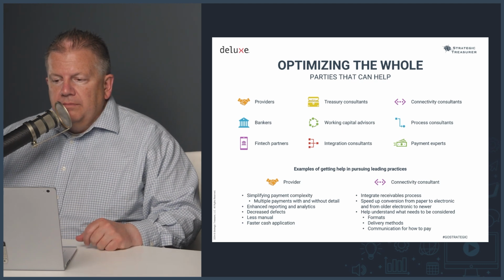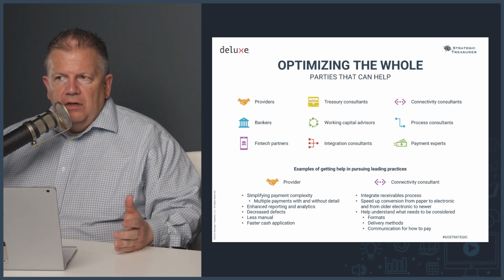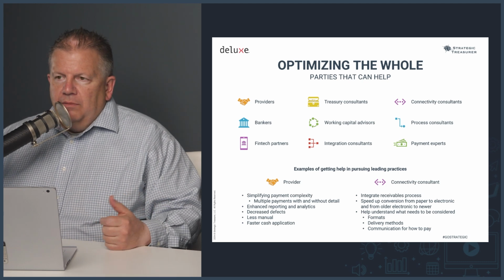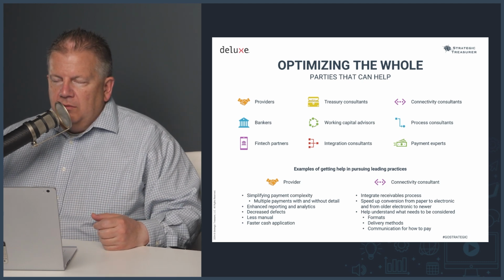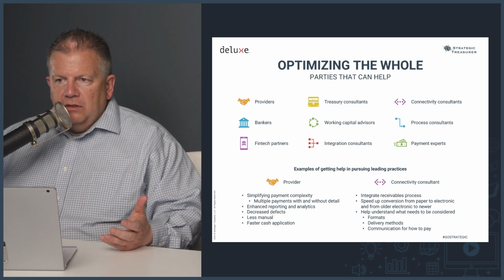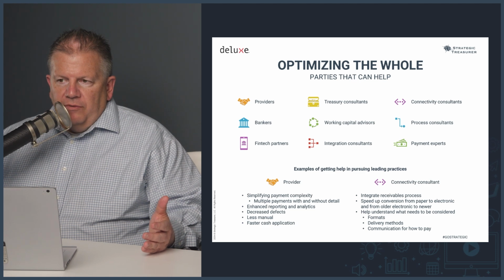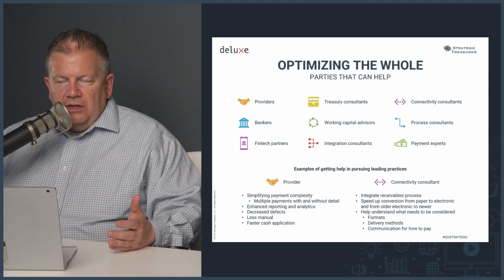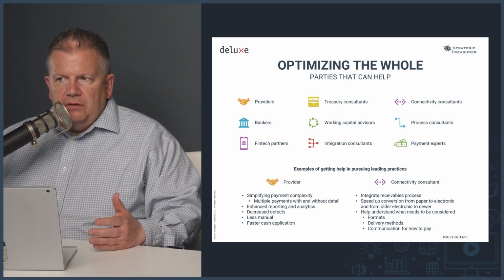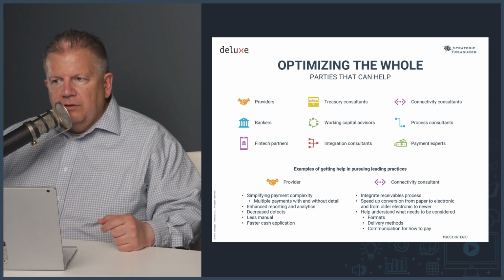Yeah, those are good. There's so much in here that we could spend a lot of time on, all the parties, and I appreciate you noticing that we didn't have customers on there, which is quite interesting, so we could continue to expand this slide. But Deluxe is obviously a provider. Strategic Treasurer is a connectivity consultant, a process consultant as well. So we're coming from those angles as well.